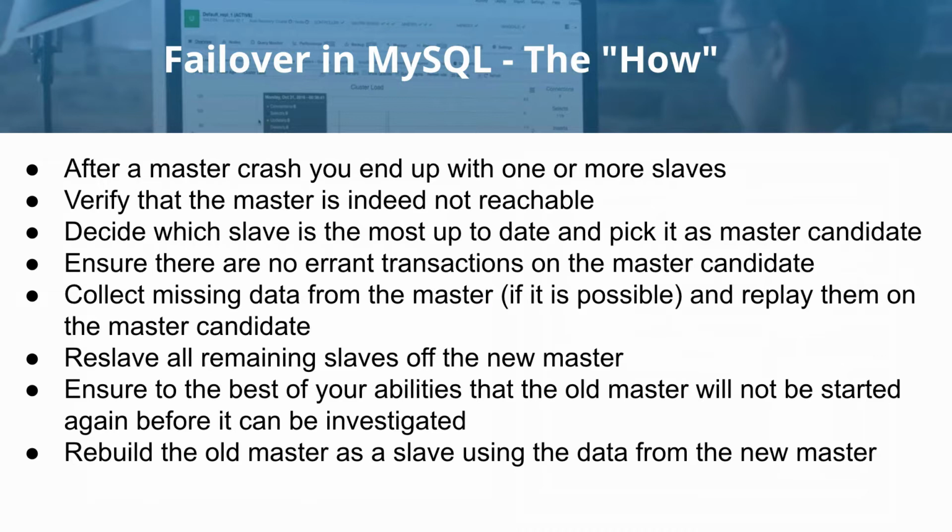PITR is point-in-time recovery. Reslave all remaining slaves to the new master. Ensure to the best of your abilities that the old master will not be started again before it can be investigated, such as implementing STONITH, or shoot the other node in the head, or implementing member fencing scripts. Rebuild the old master as a slave using the data from the new master.